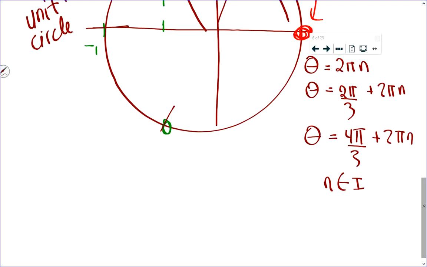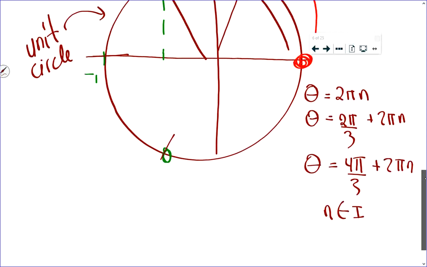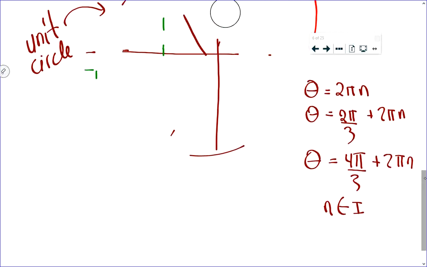But there's another way to write that answer. And I think you're likely to see this on the diploma exam. You could say, I'm going to redraw that circle so that it might be easier for you to see this.